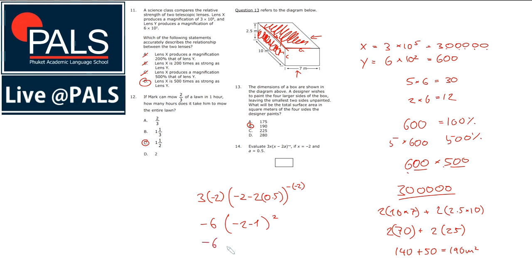So that's minus 6 minus 3 squared. We learned earlier, when we square a negative number, it's always going to be positive. So minus 3 squared is equal to 9. Minus 6 plus 9 is equal to 3.